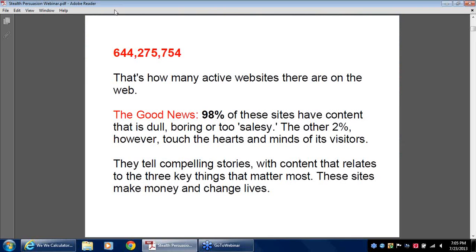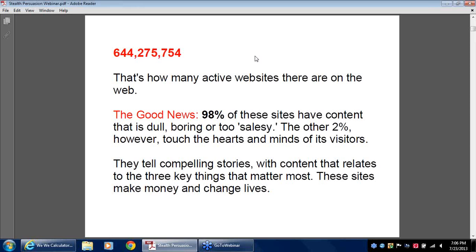Okay, look at this gigantic number up here, guys. 644 million active websites. Now, don't let that scare you, okay? It used to scare me. I used to think, well, how can I get ahead as a life coach or a consultant or any kind of self-help person with so much competition out there?